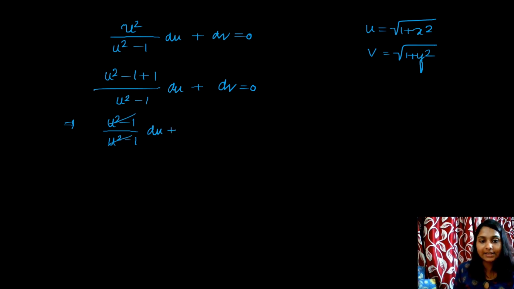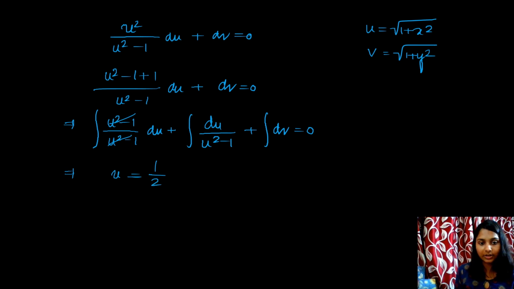These two will get cancelled out, and we have here du divided by u square minus 1. I'm also taking the integration in this line, so dv equals to 0. So we have here u, the integration of du is u, and the integration of this term will give log of u minus 1 over u plus 1, plus v equals to 0.